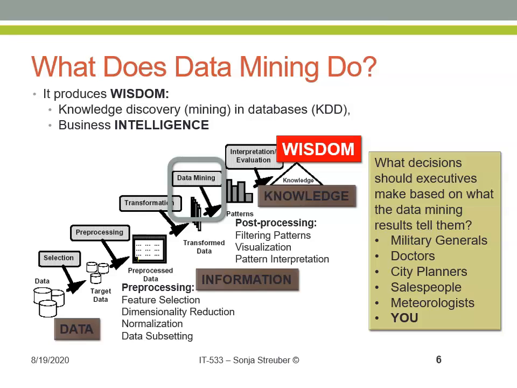So the true goal of data mining really is to produce wisdom. This is also why it is called knowledge discovery in databases, sometimes KDD, or business intelligence. What we do in data mining is we take data from divergent sources that are formatted in all sorts of different ways.